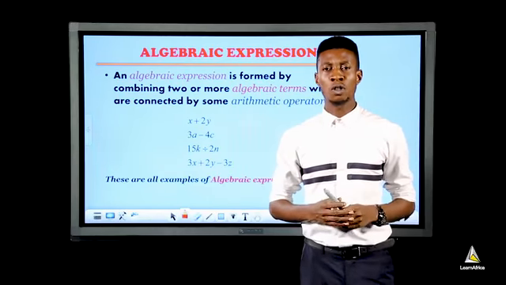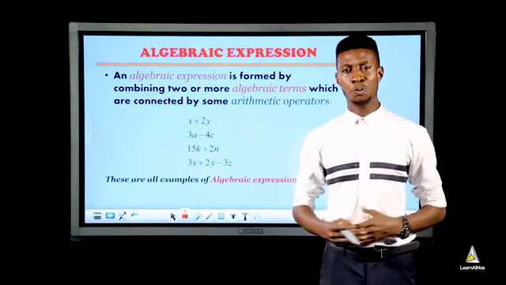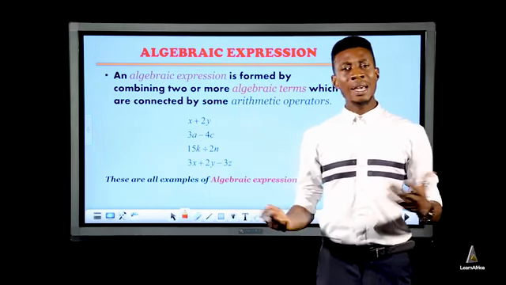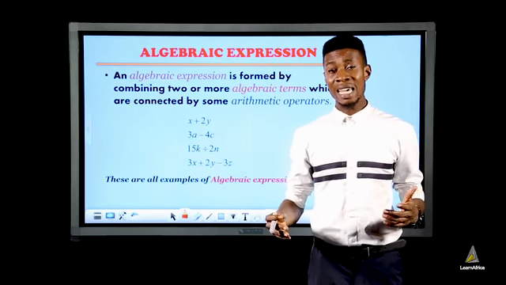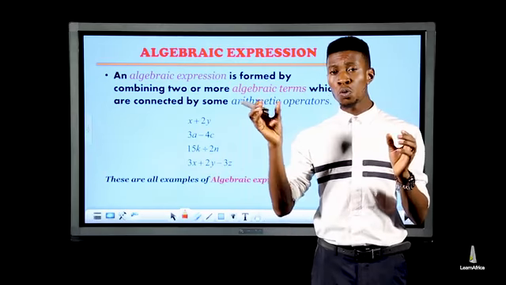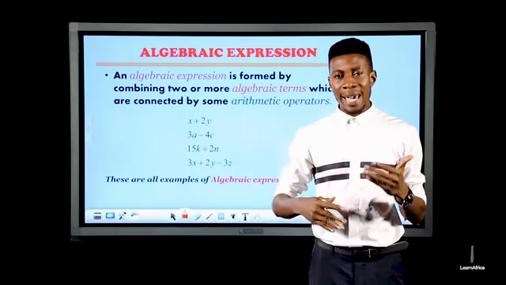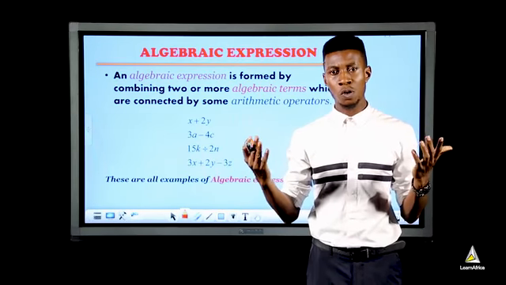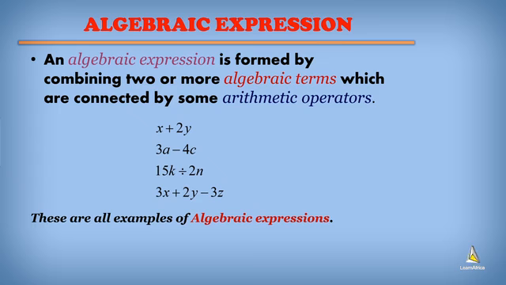Having learned about what algebraic terms are, let's go ahead to see what algebraic expressions are. You might ask, what is an algebraic expression? An algebraic expression is the combination of two or more algebraic terms connected together by an arithmetic operator. Let's go ahead to see some examples of algebraic expressions.